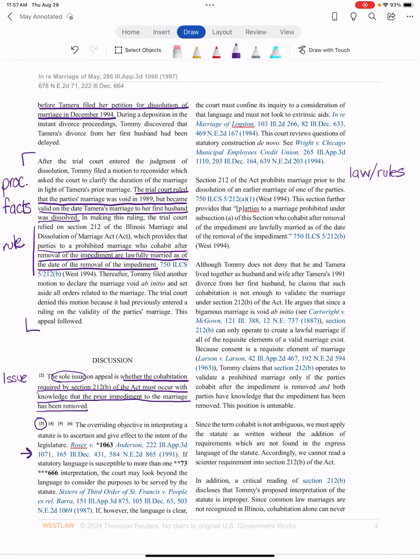All right, here's some more important rules. Section 212, which we had a little bit of earlier. Here's another rule, another piece of that statute, which was a little summarized before.